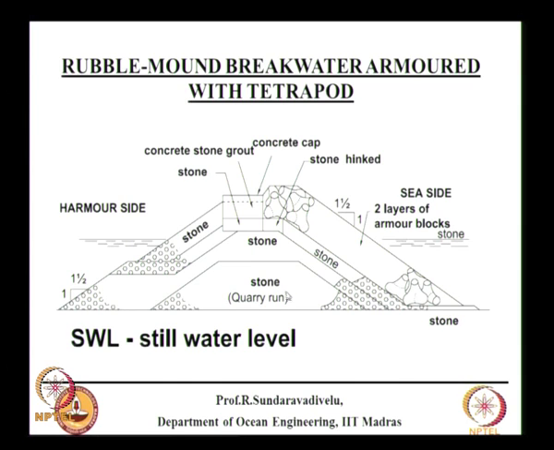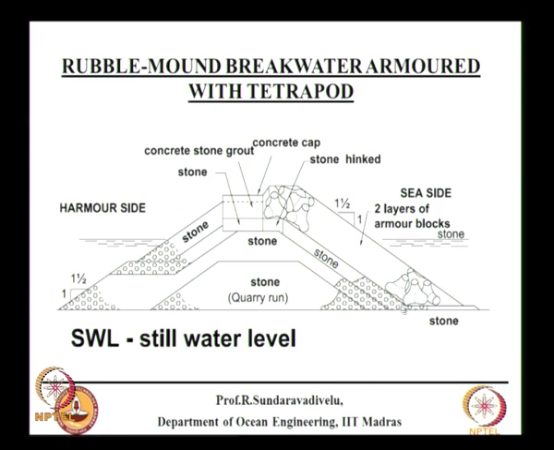This also shows the typical cross section. In this cross section, sorry there is a mistake here, this side is the harbor side, this side is the sea side, then we have these artificial armor units, it is called the armor layer with armor stones, and we have the stone which is called the core layer which is quarry run, there is a concrete cap, there is a slope 1 vertical to 1.5 horizontal.